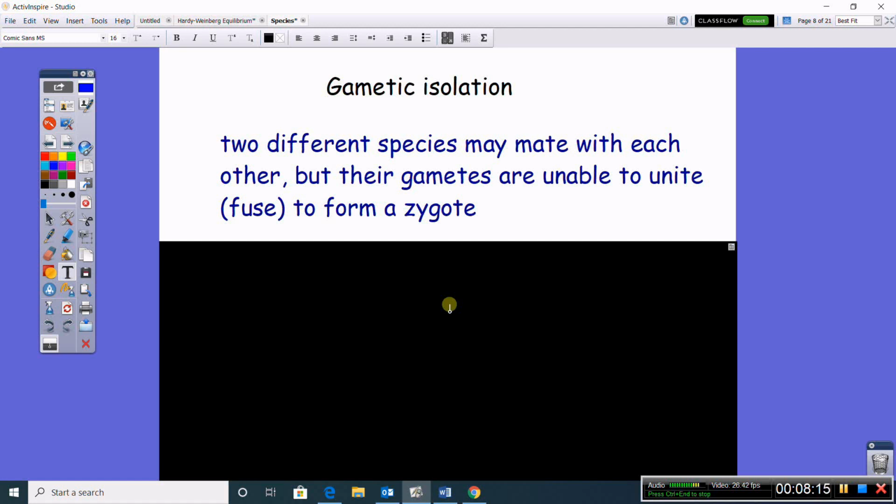This tends to be much more important in organisms that are water dwellers primarily. Some organisms, the female will lay eggs and the male will release sperm into the water. Well, if that's the case, we're definitely going to need some species-specific markers on the outside of those cells to ensure that it's only gametes of that species fertilizing the egg cells of that species.